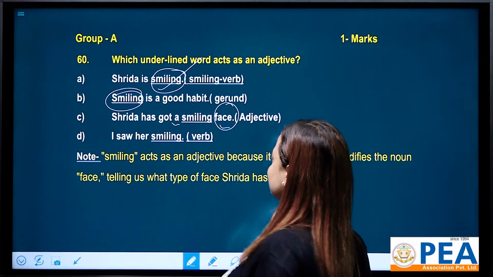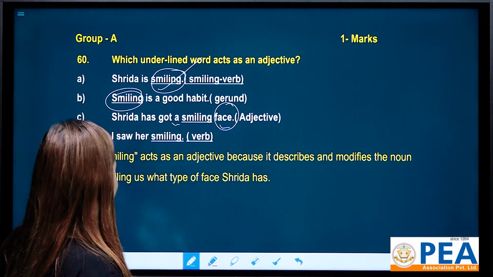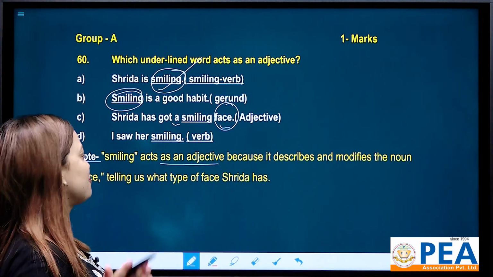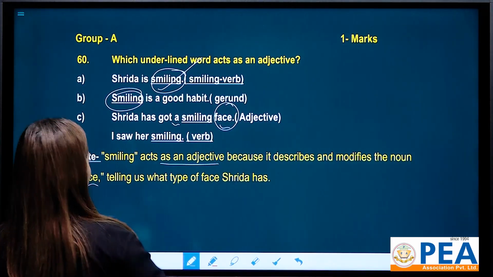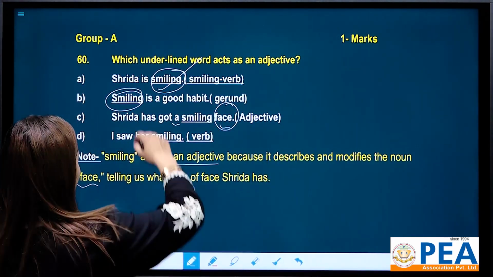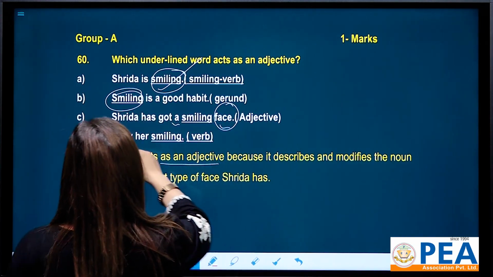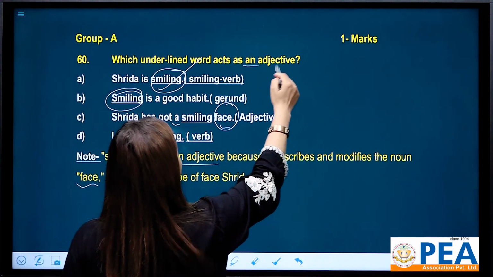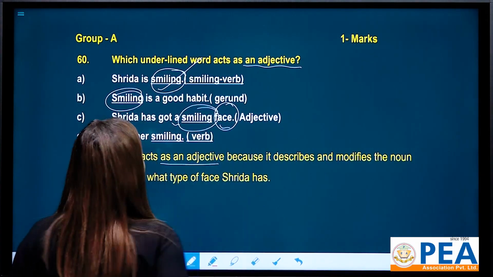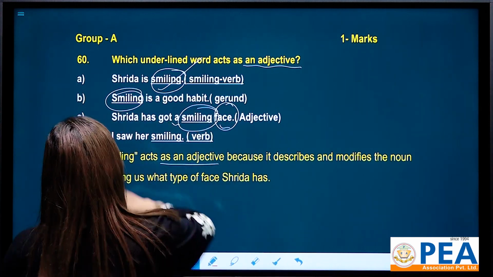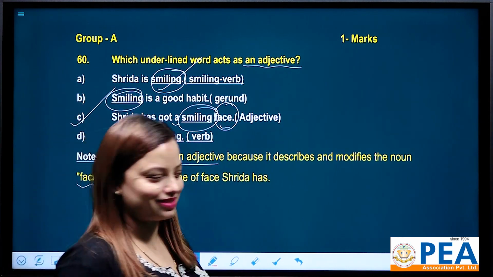Here smiling acts as an adjective because it describes and modifies the noun face, telling us what type of face Sridha has. That's why the underlined word smiling in Sridha has got a smiling face is an adjective. That's why option C is the correct answer.